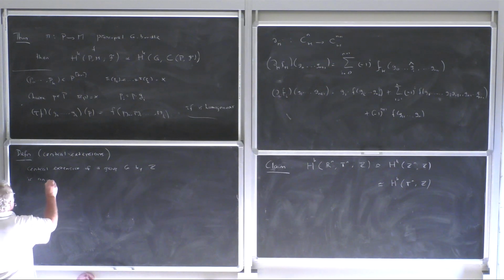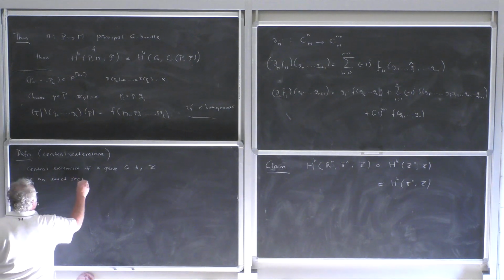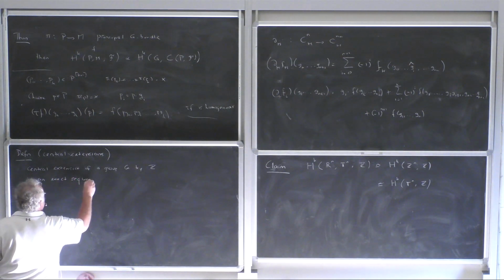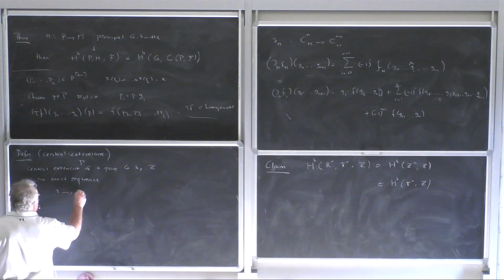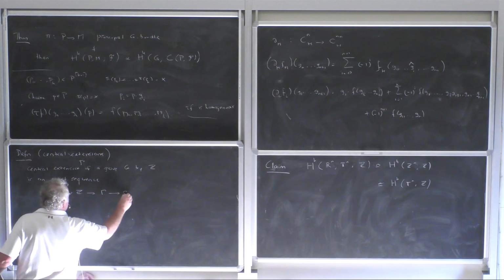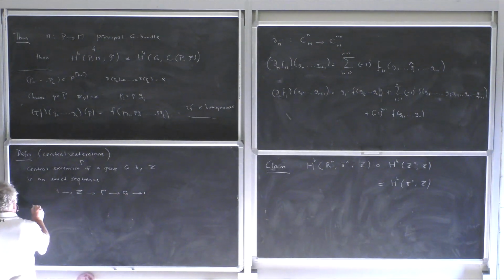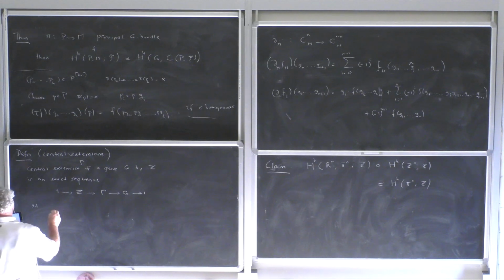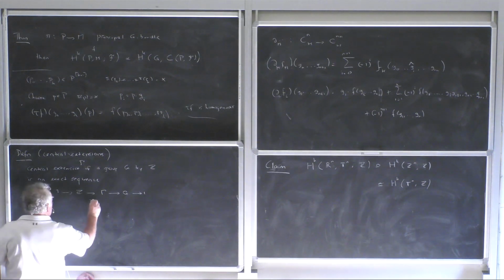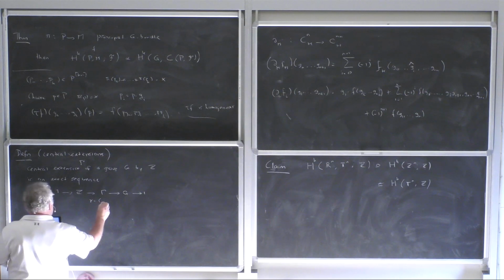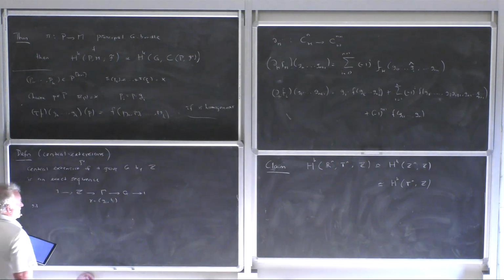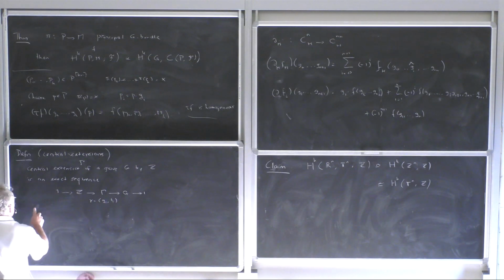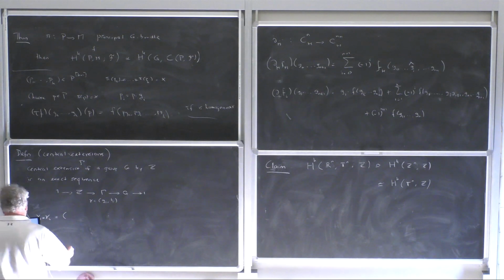is an exact sequence, so let me call the central extension gamma, 1 to Z to gamma to G, such that the multiplication on gamma, so an element here can be written as a pair of an element in G and an element in Z, and the multiplication is, well, the multiplication is just the multiplication.